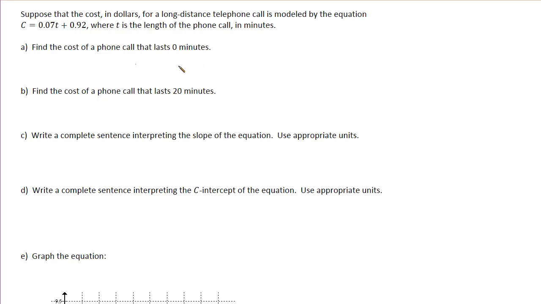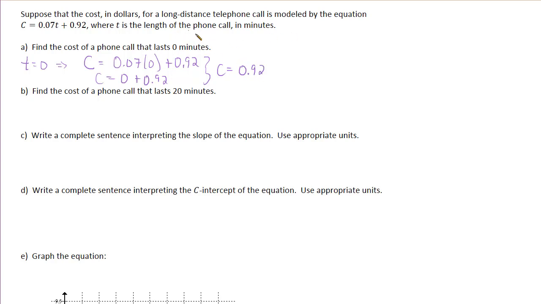Well, if the call lasts 0 minutes, then we would let t equal 0. Then C would equal 0.07 times 0 plus 0.92. And so then that's 0 plus 0.92, and so then C would equal 0.92.